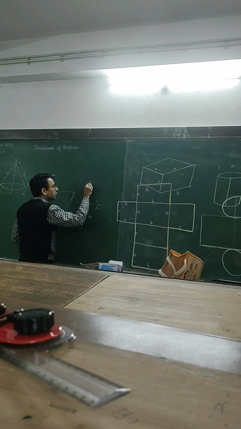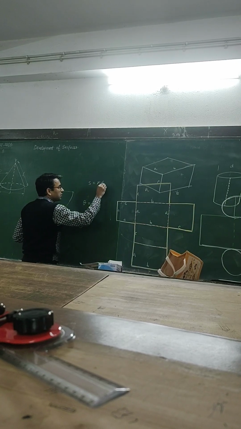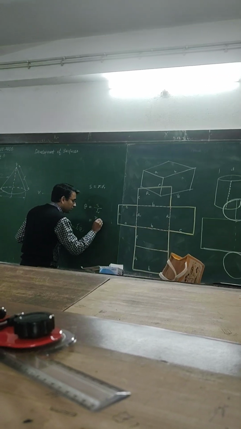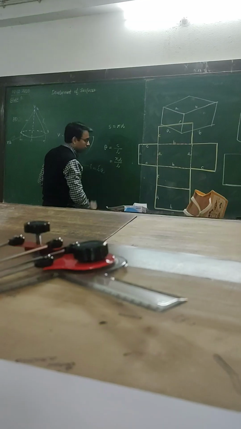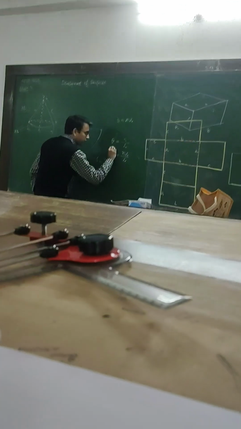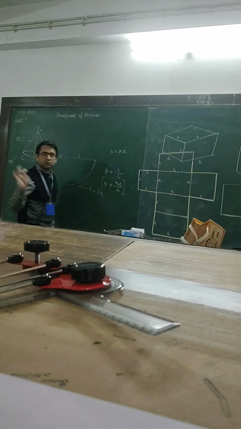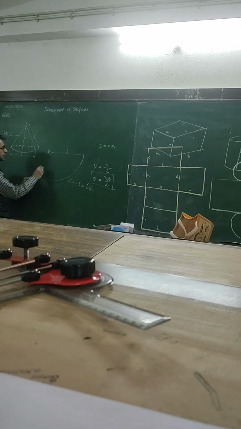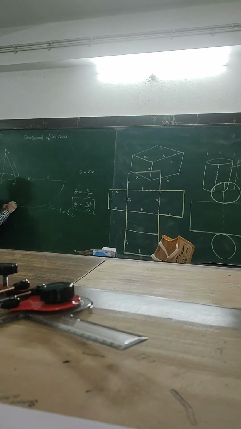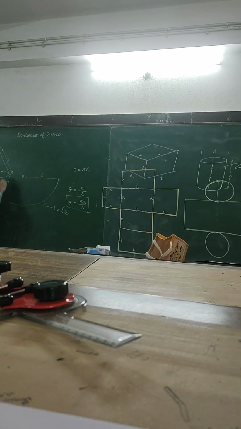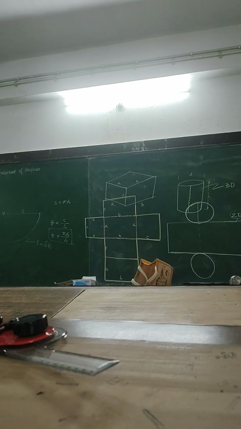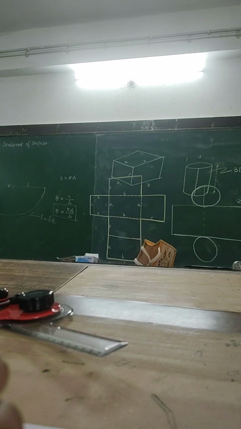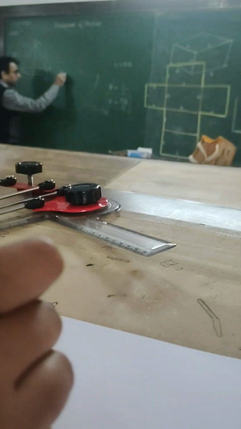Here S is equal to pi d. So theta is pi d by L. We have determined theta. If I give some values of L and D, then you can determine theta.